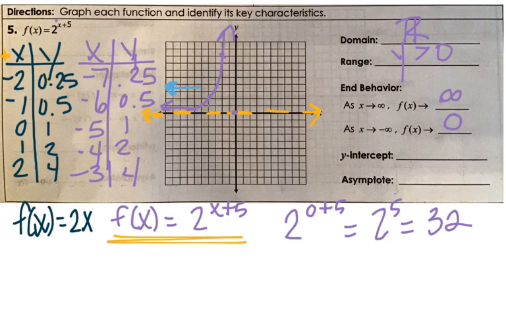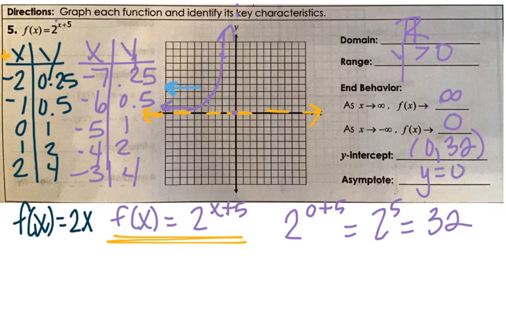So that means that way up here at 32 is where your graph will cross the y-axis. So your y-intercept is going to be at (0, 32). And now your asymptote, remember we just talked about it, it's still at y equals 0. So that is what will go in this blank.